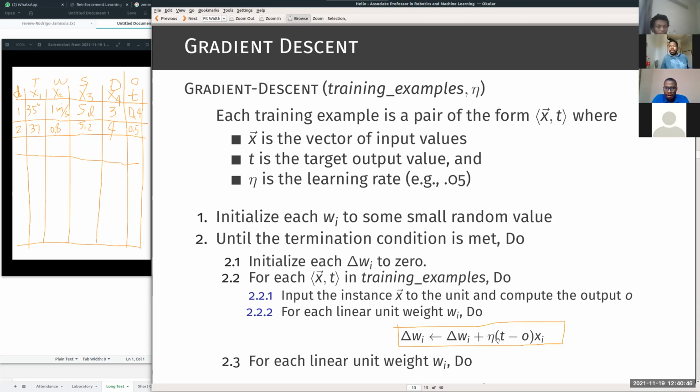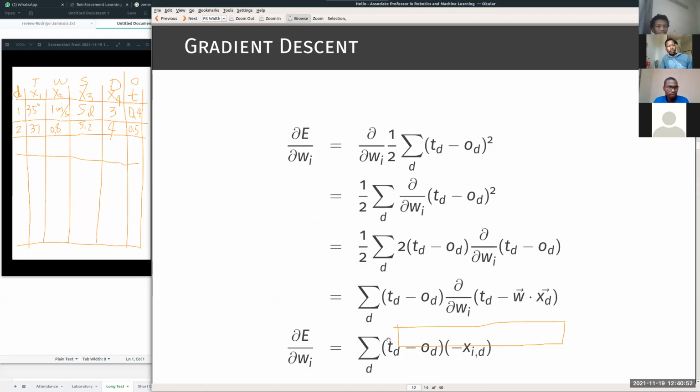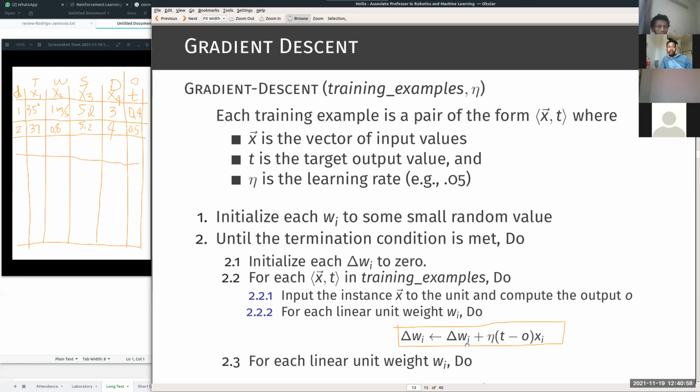Now the question is, why is the summation gone? We used to have summation here. Okay, there's the summation. Why in this case here is this summation gone? We don't sum the targets anymore, multiplied by the Xi.